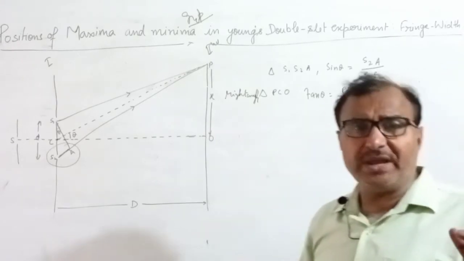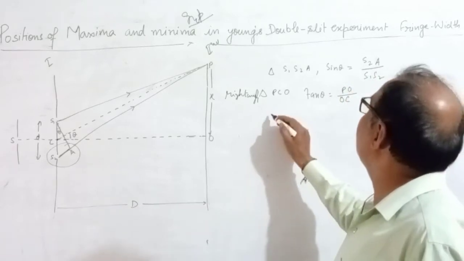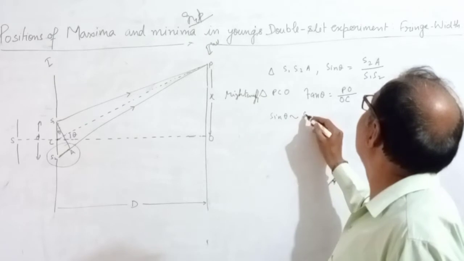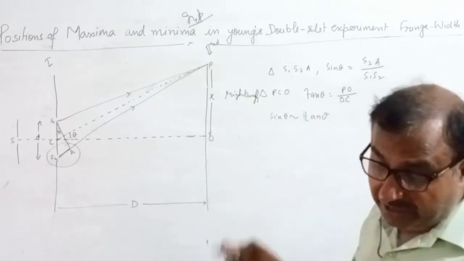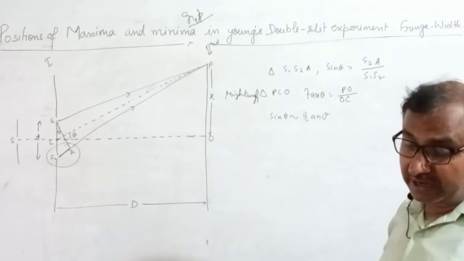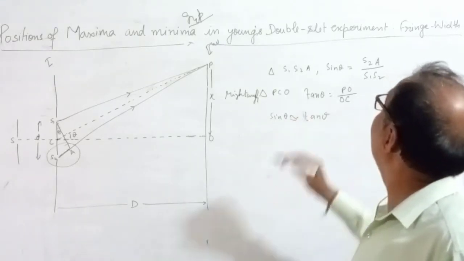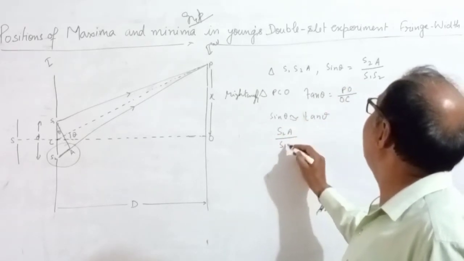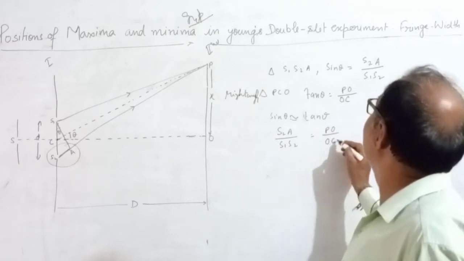As you know, theta we have taken very small. So when theta is very small, sin theta approximately equals tan theta. So S2A upon S1, S2 equal to PO upon OC.